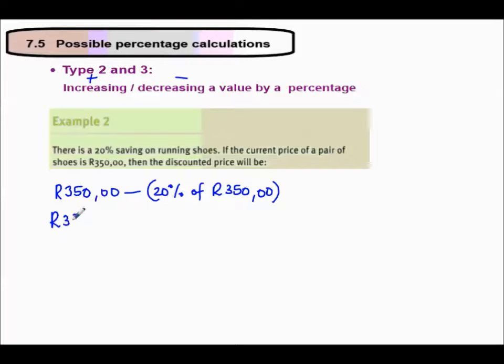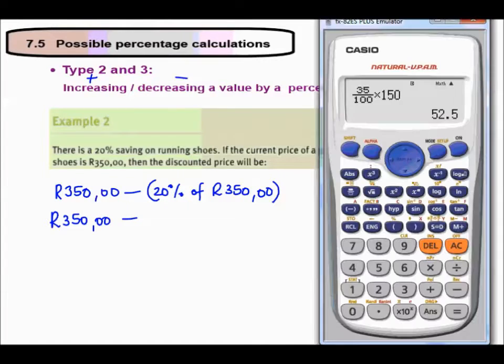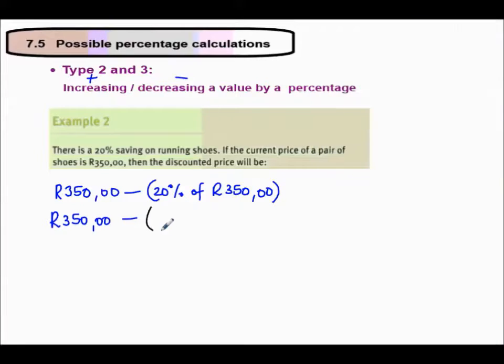So 350 Rand minus 20%, 20 out of 100 multiplied by 350. Okay, so here we should have put 20%, 20 out of 100 times 350 Rand. When I did that calculation, this gave me 70 Rand.